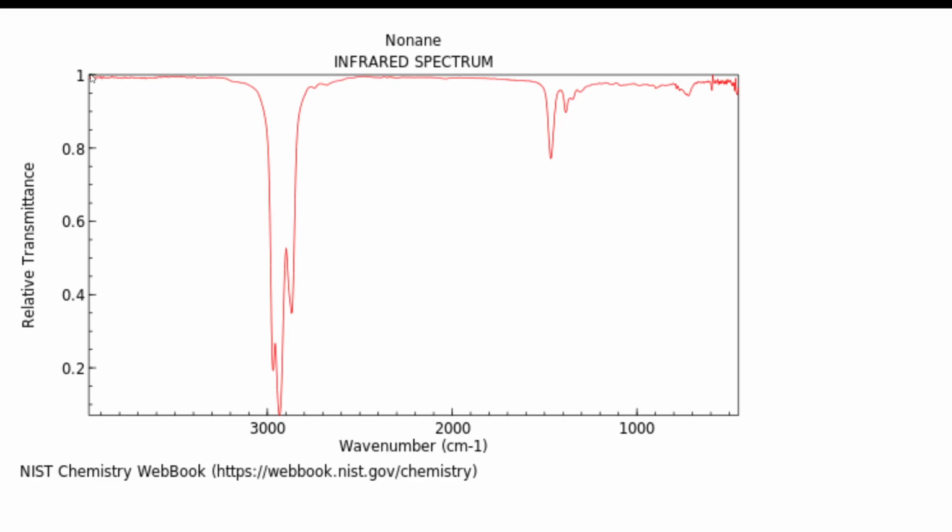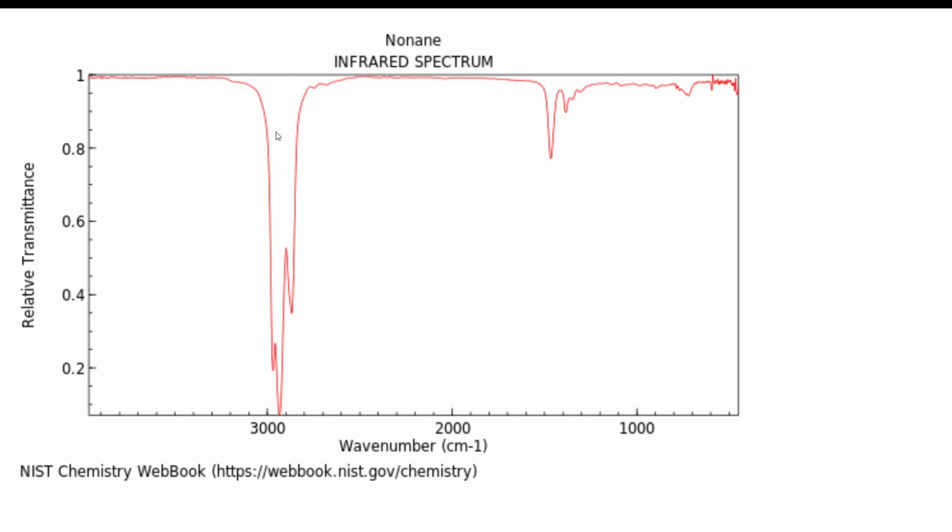And what we can see here is that relative transmittance is saying how much of it got to the detector at the end. And we can see that in this first little bit here, where we said our orange to red zone would be, all of that light seems to go through. So that indicates that any kind of bonding that we would normally have in this zone isn't present. All of this light went through. And at this part, it says, hey, no, something is blocking that light.